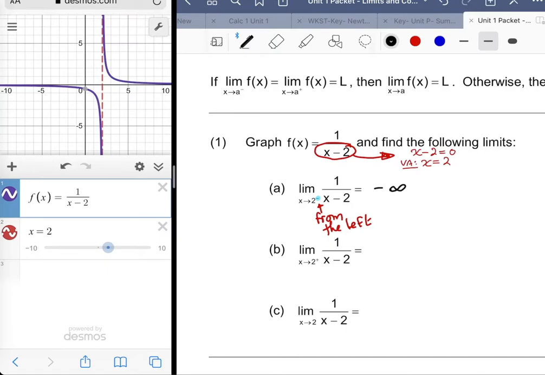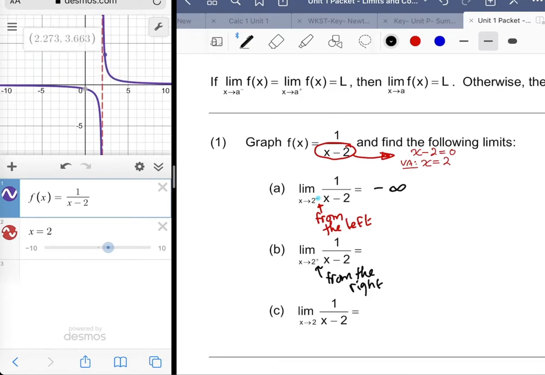All right. So if I want to attack part B, it's saying x is approaching 2 from the right. Same idea. I'm going to grab a point on the right-hand side and start moving it towards the x value of 2.